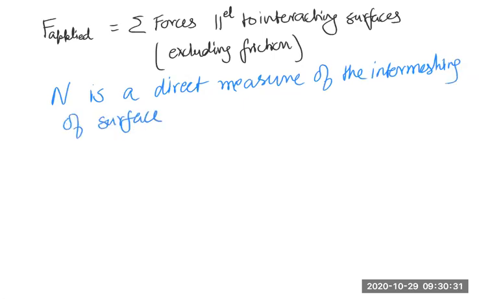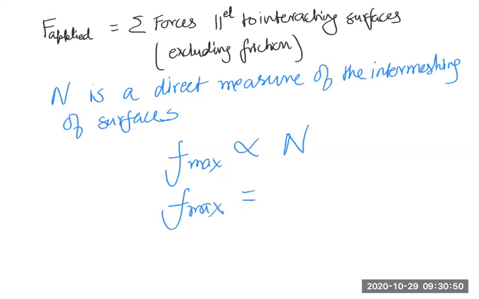If N is more, then the intermeshing is more, so the maximum friction force must be proportional to N, and this maximum friction force therefore must be equal to some constant into N, and this constant we call mu s.